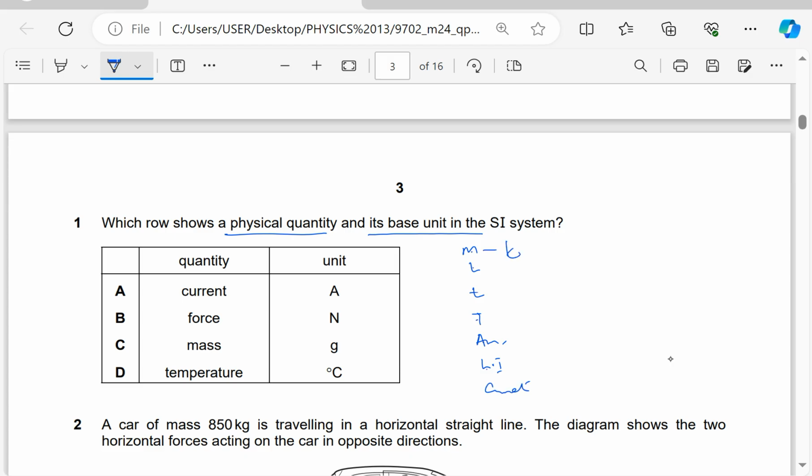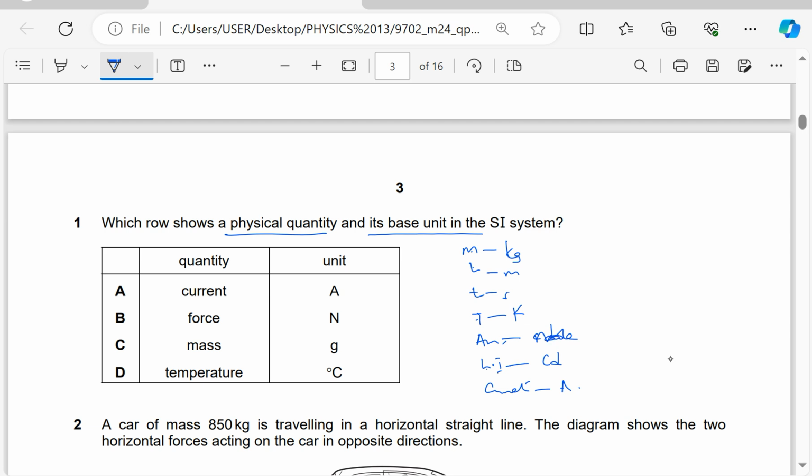So mass is in kilograms, length is in meters, time is in seconds, temperature is in Kelvin. Amount of substance is measured in the mole, luminous intensity is in the candela, and then the current is in the ampere.